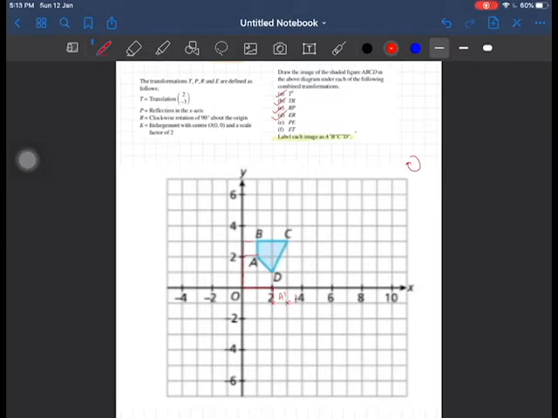B prime, C prime, D prime. This is my first image under R, and then E would be an enlargement with a scale factor of 2.